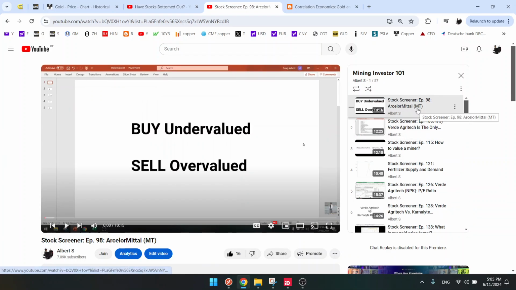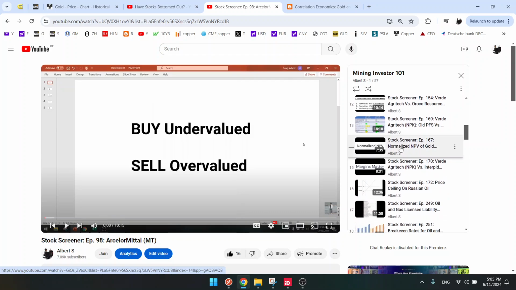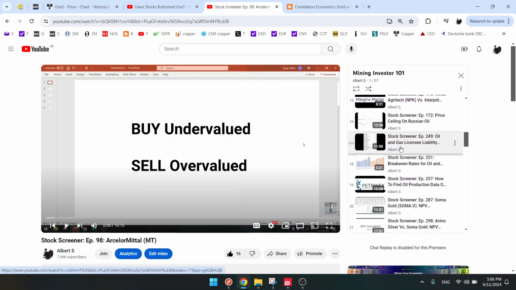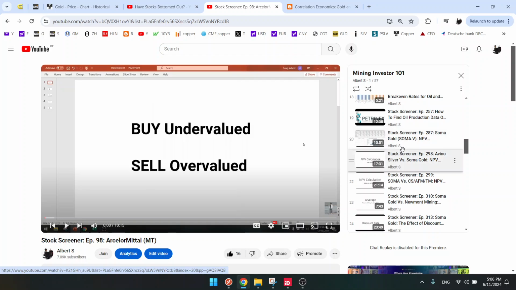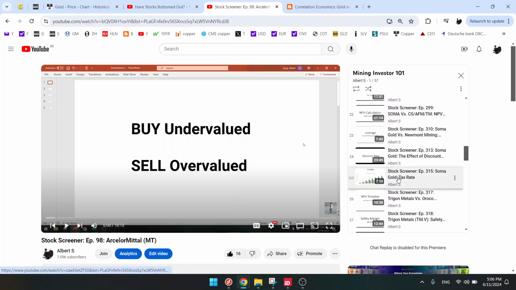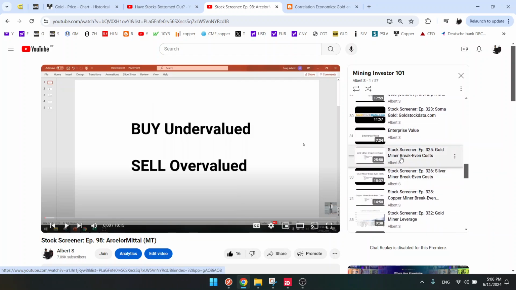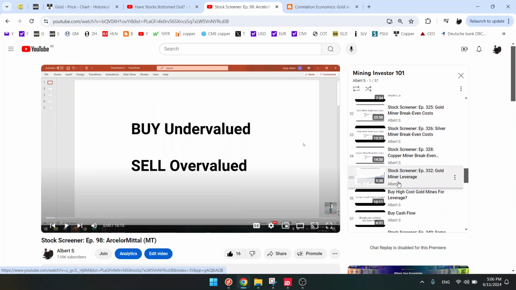Then we have the Mining Investor 101. Which ones do I recommend? Maybe this one. What is the gold price target? Yeah, these are typically very micro on how to analyze companies. So this is not usable for predicting the gold price, but more to pick stocks and miners.